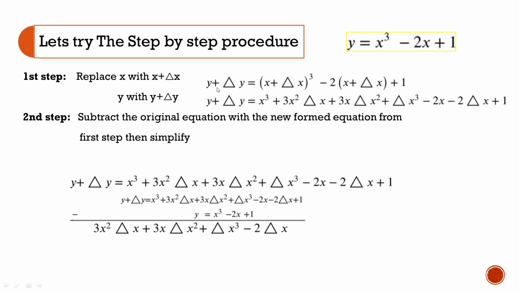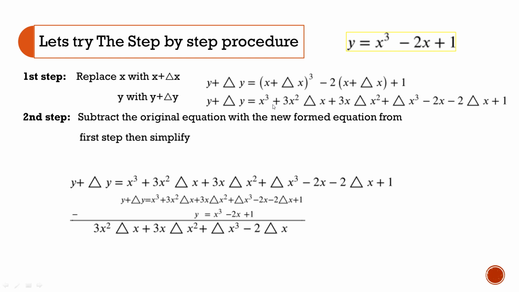So the left hand side of the equation becomes y plus delta y, and for x cubed, we just replace that with x plus delta x, and of course all of the terms are cubed here, and then minus 2 times x plus delta x plus 1. The left hand side will remain.